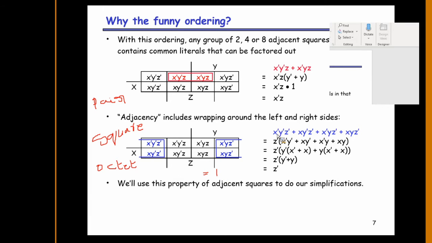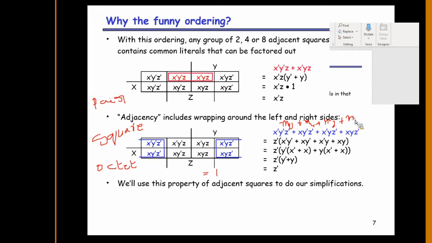Now, next example, I have given a standard SOP function: x bar y bar z bar, or x y bar z bar, or x bar y z bar, or x y z bar. So x bar y bar z bar is nothing but M0, and this is your M4, this is your M2, and this is your M6.